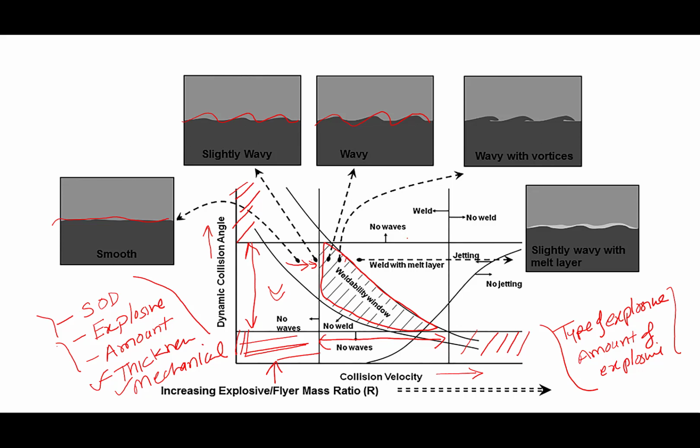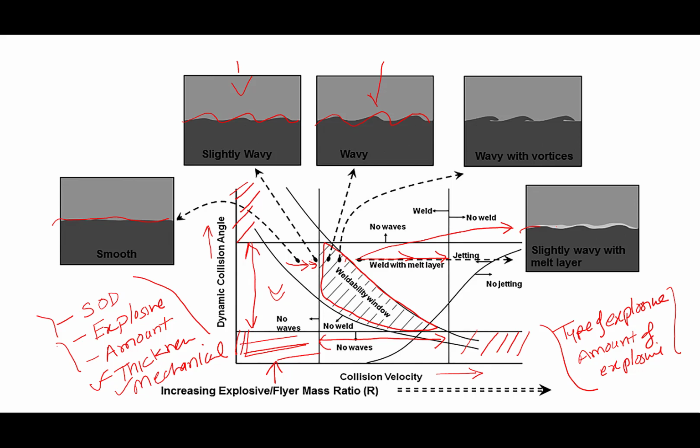What is happening is that even for a given collision angle, if the collision velocity is going higher and higher, then interfacial melting starts. Due to the heat generation at impact, the heat initially may not be high enough to cause any significant melting, but the melting may be partial and localized here and there, so partial and discrete melting is taking place.